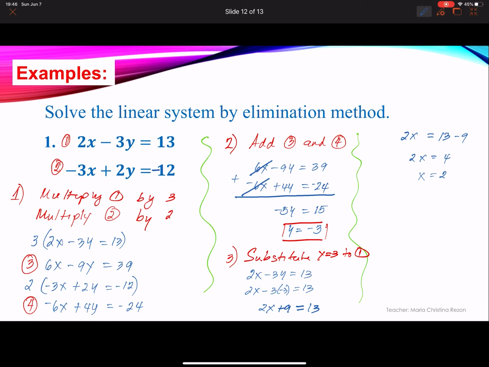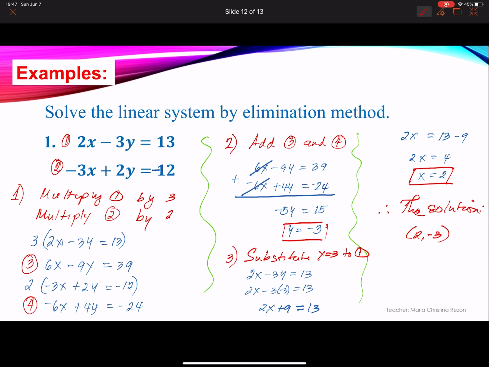And you have now x is equal to 2. Therefore, the solution is the ordered pair (2, negative 3). Okay?